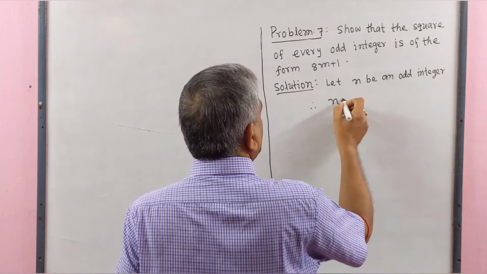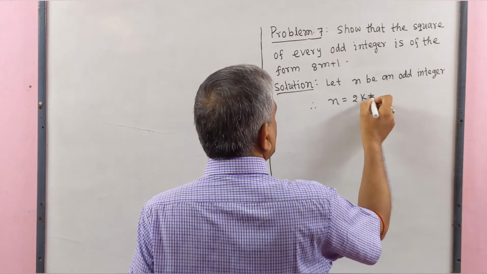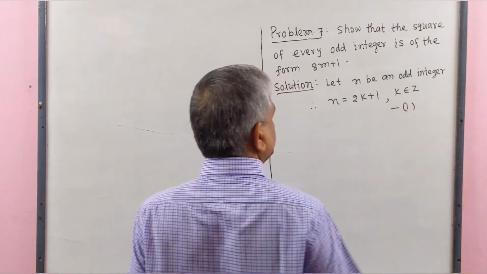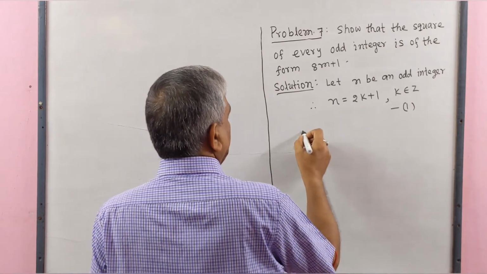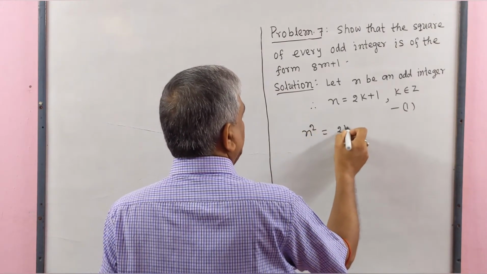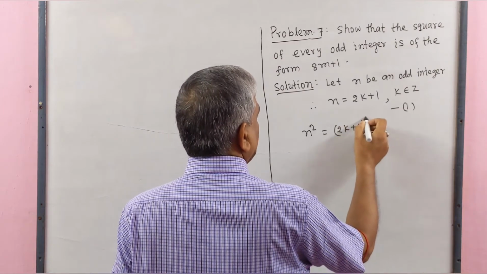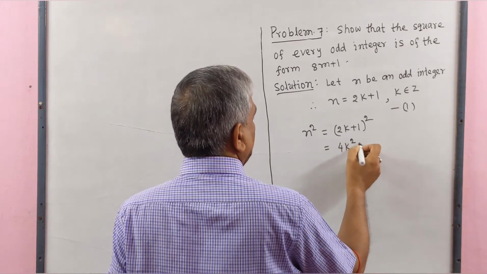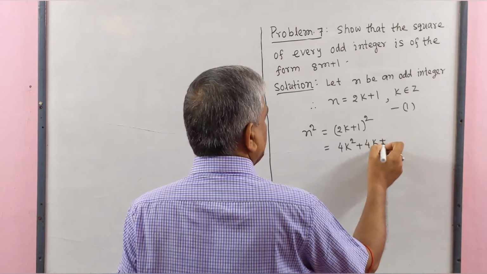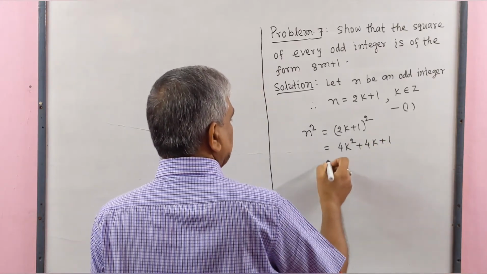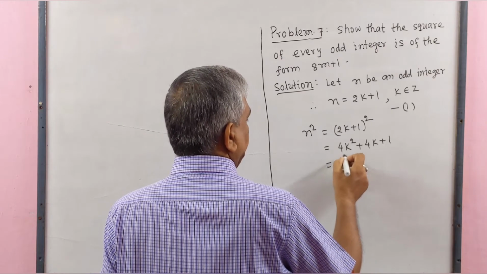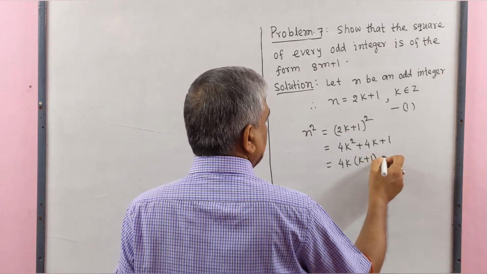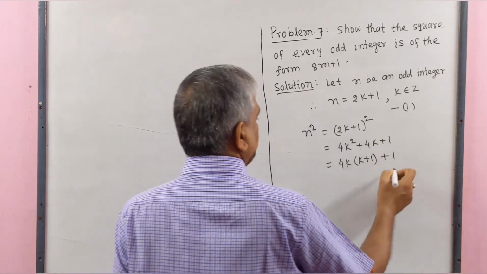Therefore, n equal to 2k plus 1, k belongs to Z. This is number 1. n square equal to 2k plus 1 whole square. This equal to 4k square plus 4k plus 1. This equal to, we take common 4k, k plus 1, plus 1. This is number 2.